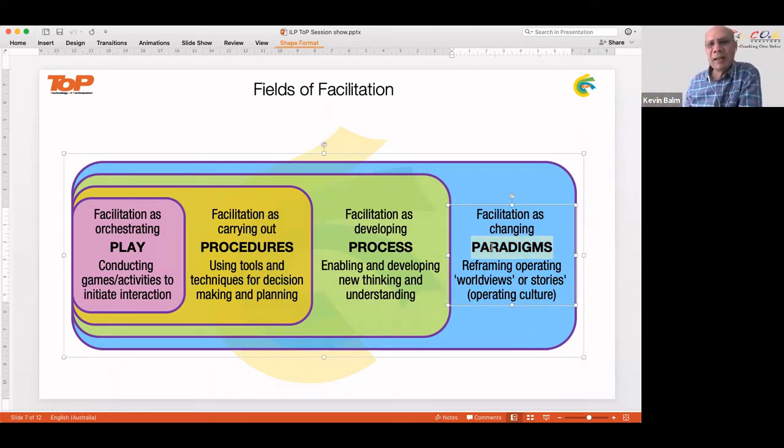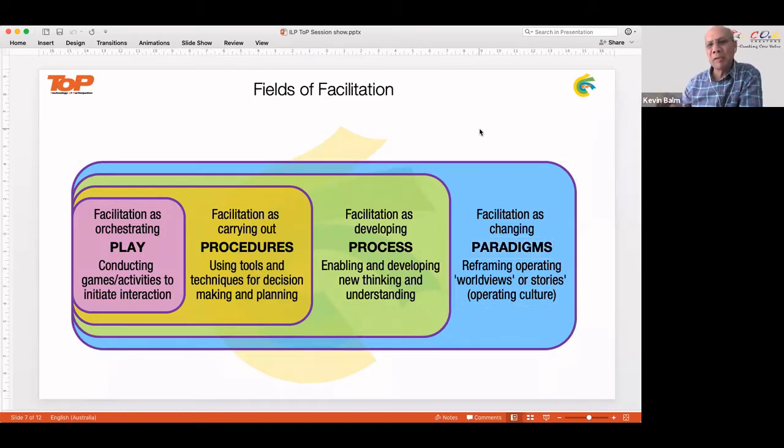So facilitating as changing the operating paradigms or reframing the operating narratives, stories that people, teams, units, human systems are operating from. That's the biggest field. But, starting out at the left, we have observed that for some, facilitation is orchestrating play, so stimulating some activities that initiate interaction, that allow one to experience their situation from a parallel perspective and then bring those learnings back into their situation.